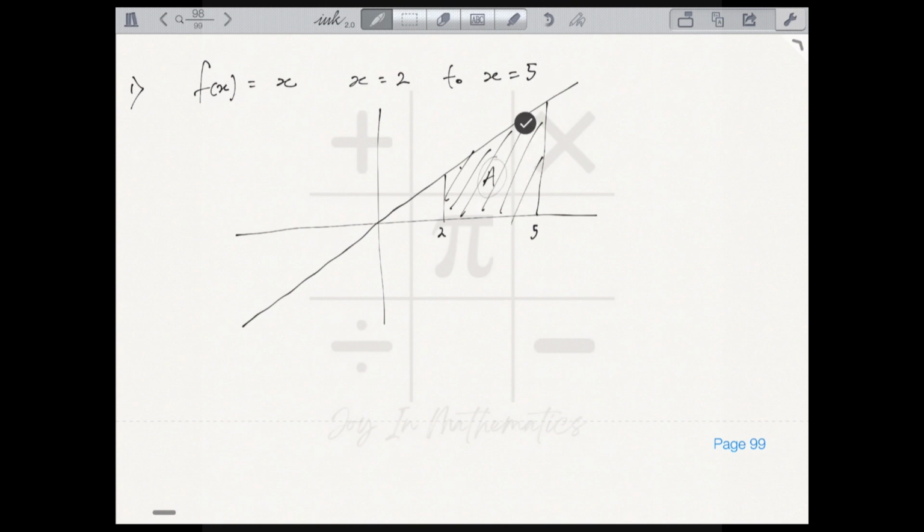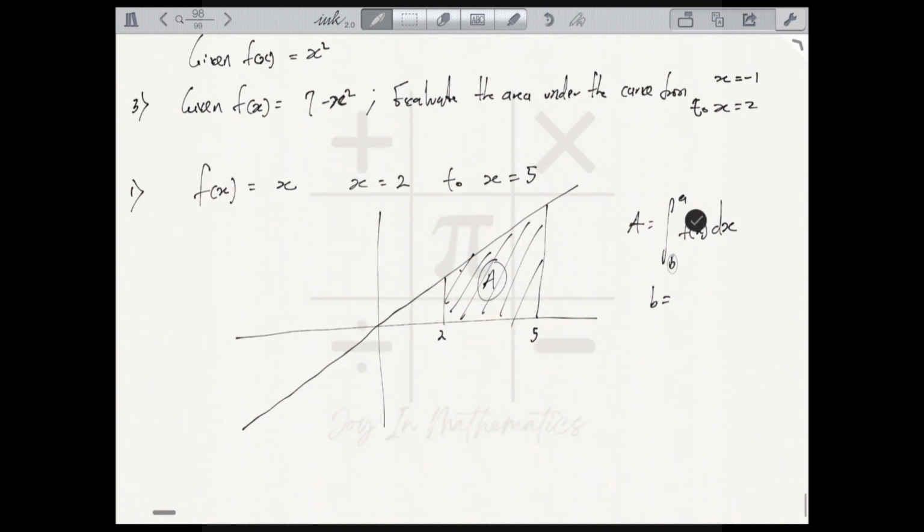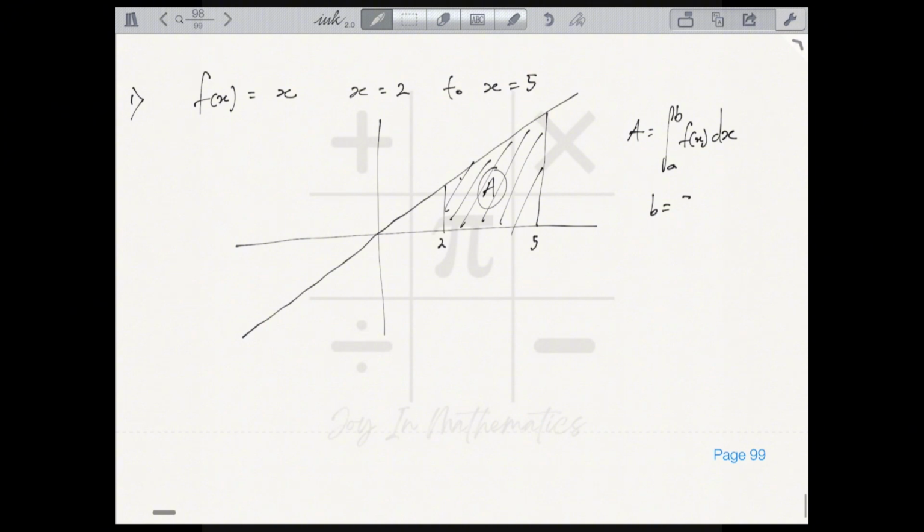Now we know that the formula for area is the integral from a to b of f of x dx, and b in this case, which is the upper limit, is 5, and a is 2.